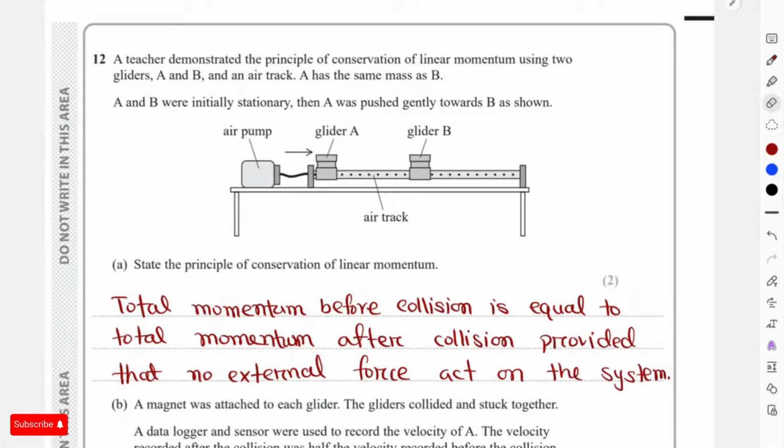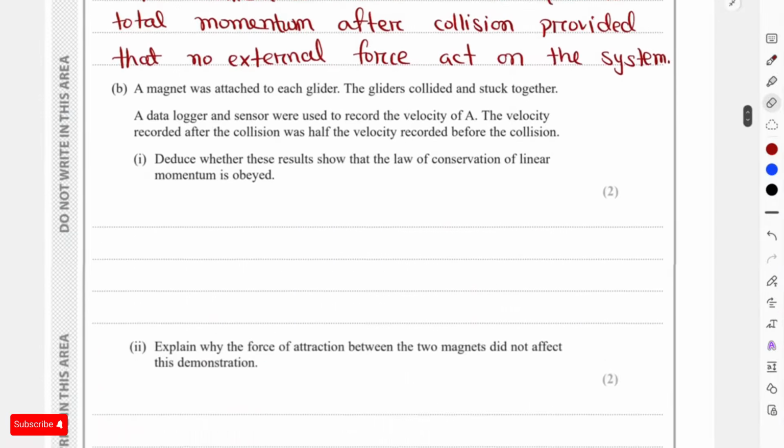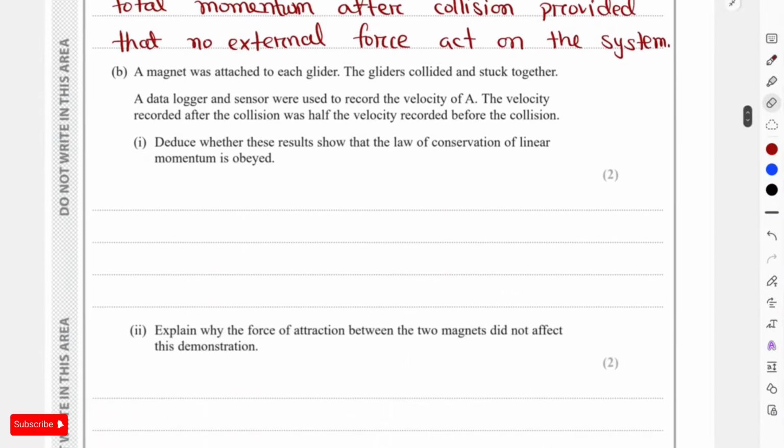So what exactly happened? Only A had a velocity before collision, B did not have any velocity. So we'll just write that initial momentum of A was equal to the final momentum of A and B together or combined, because after collision the mass gets doubled than that of the original value.